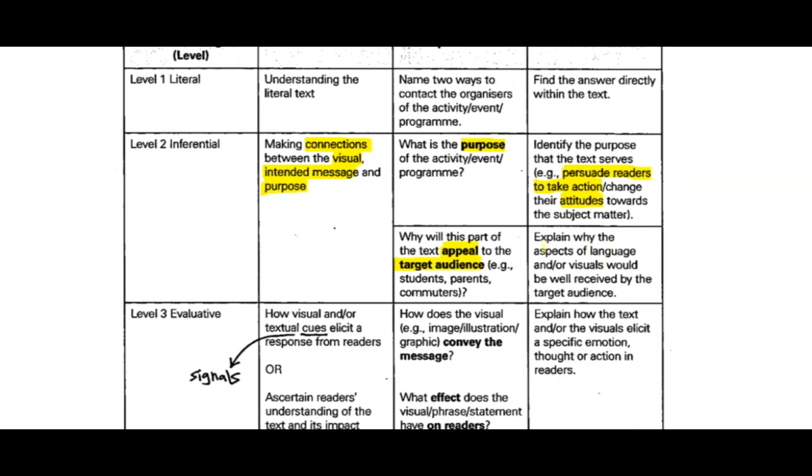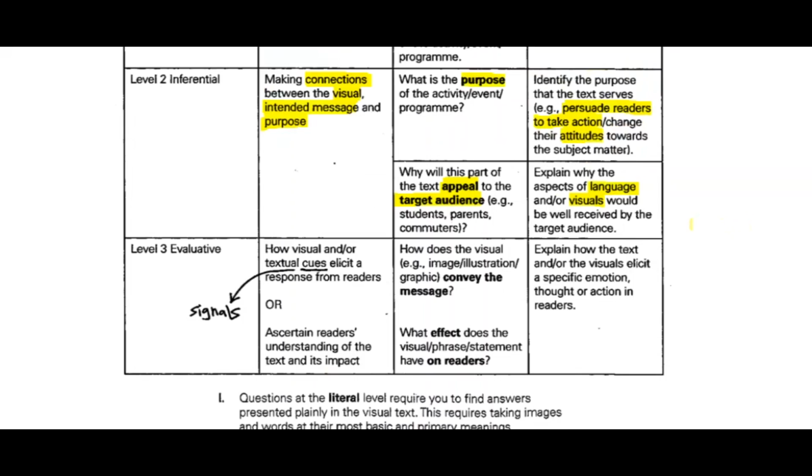You are looking at the language and the pictures, the visuals, and trying to infer whether with such language or visuals, this will actually work in achieving something with the target audience. So that's an inferential type of question, right?